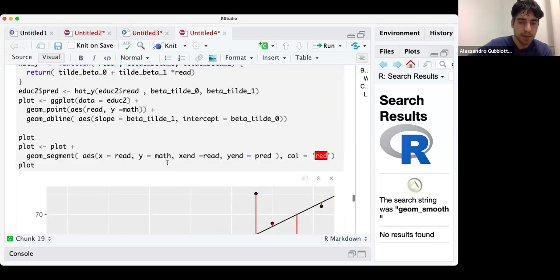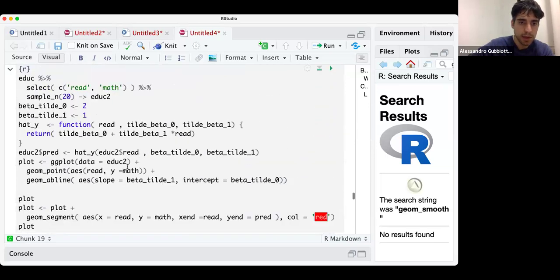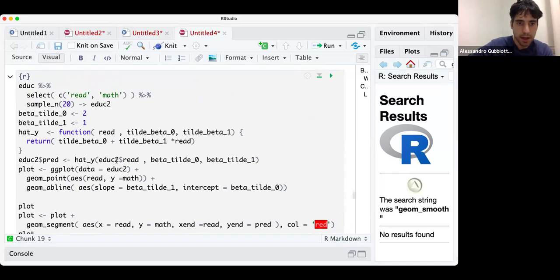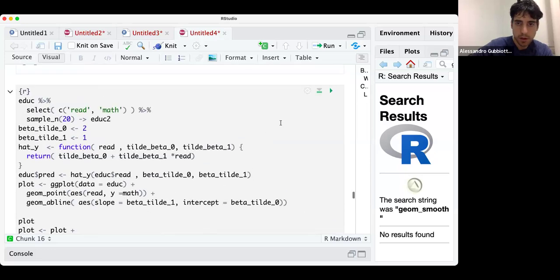So let's go back to here. Let's take these numbers here. Maybe let me use educ2. So let me give, sorry, the whole set of points. So I need to predict this quantity here and then plot it.